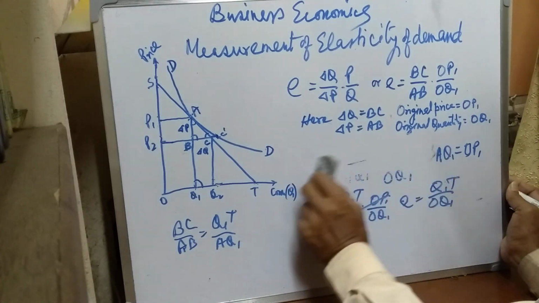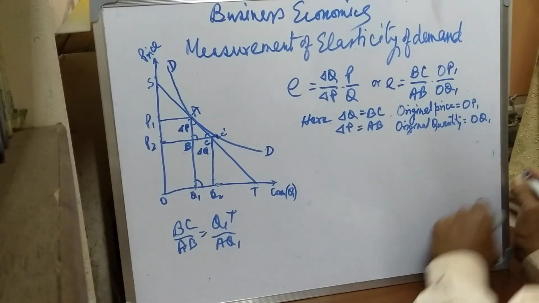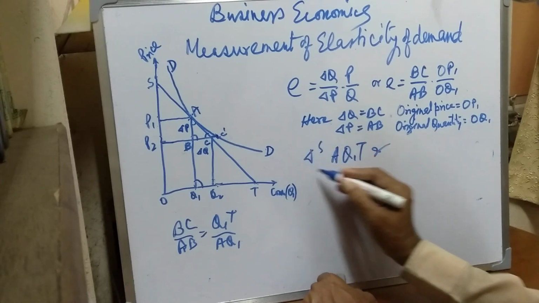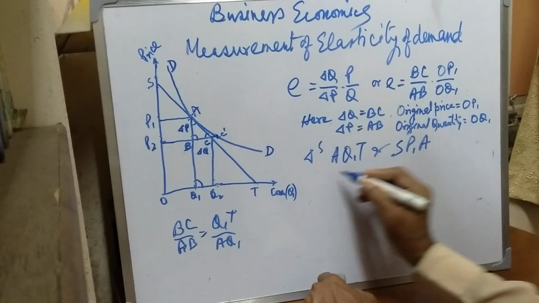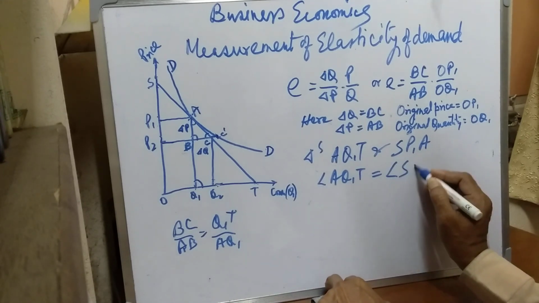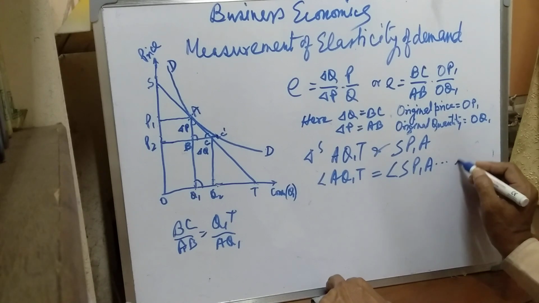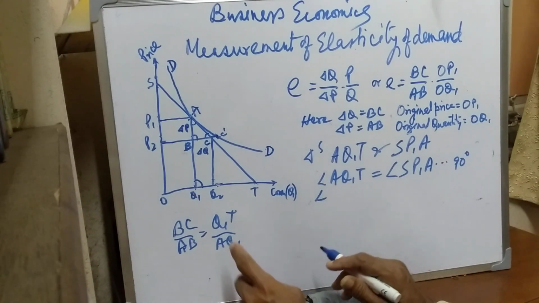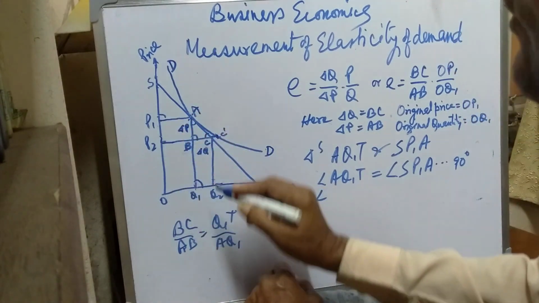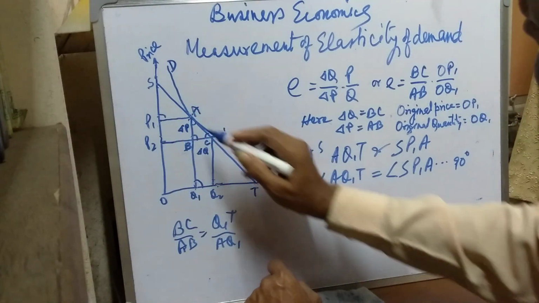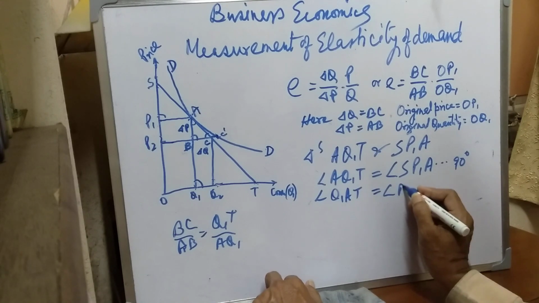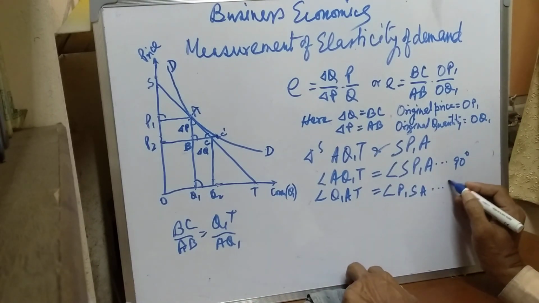In triangles AQ1T and SP1A, angle AQ1T equals angle SP1A, as both are right angle triangles, 90 degrees. Again, angle Q1AT equals angle P1SA.